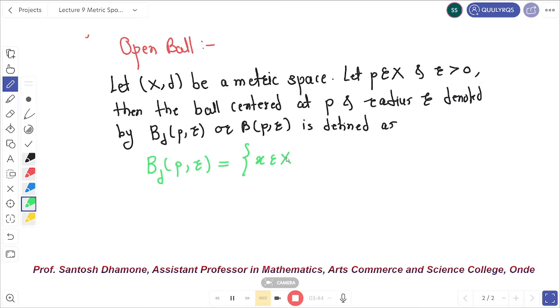This is the definition of open ball with respect to metric d and set X. Okay. Examples.